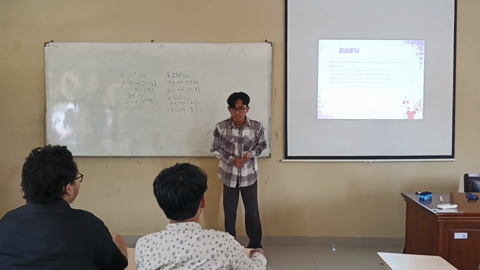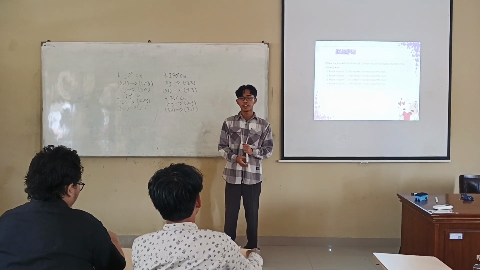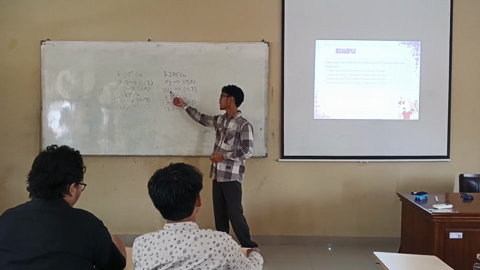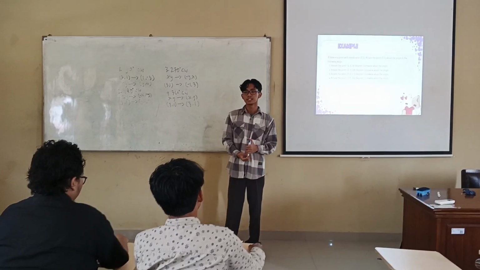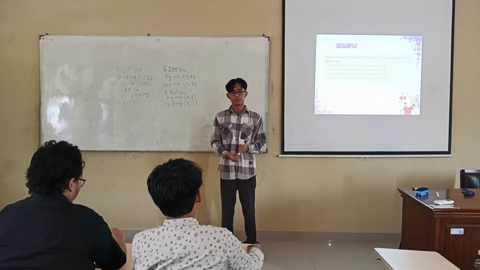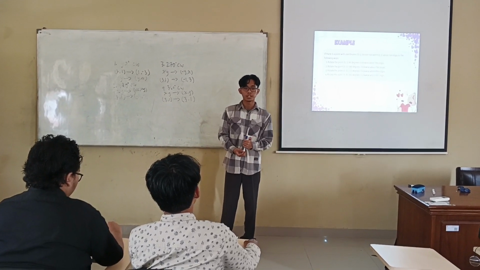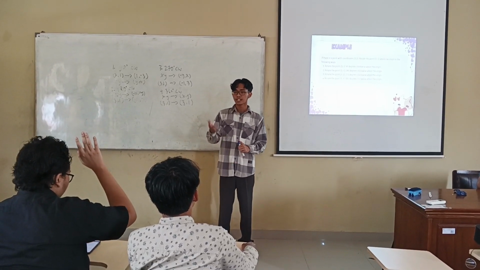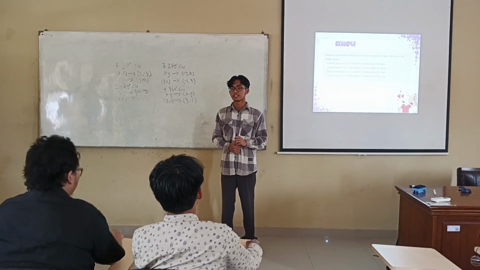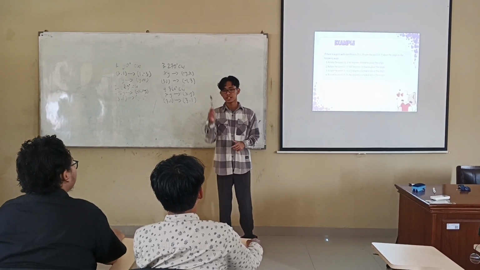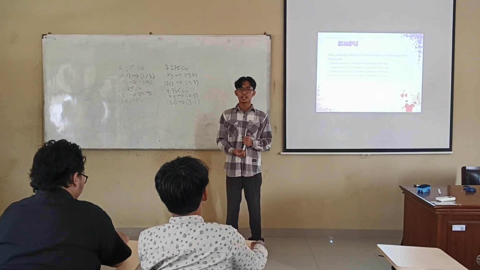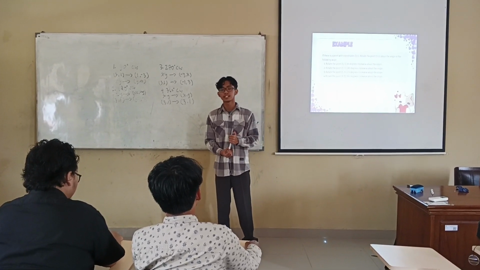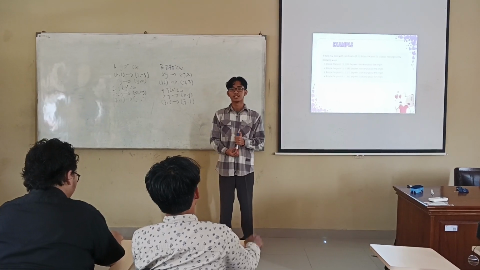Now I have a test for you. If I have the same point 3, 1 and we rotate 90 degrees counterclockwise about the origin, what will the answer be? Who can tell the answer? Okay, Ata? The answer is 1, minus 3. That's correct. What about if we rotate 270 degrees counterclockwise about the origin?